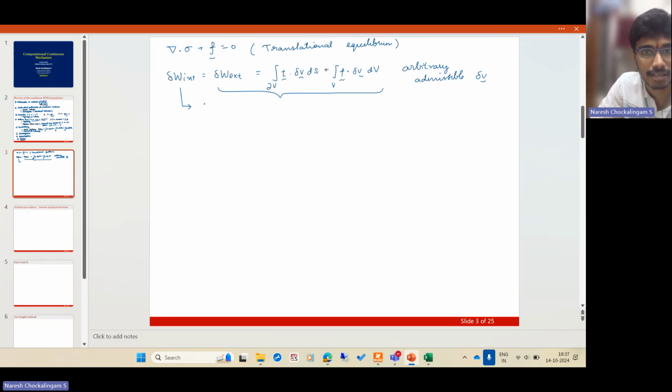And what about the internal virtual work done? The internal virtual work done is given by any pair of the work conjugate quantities.